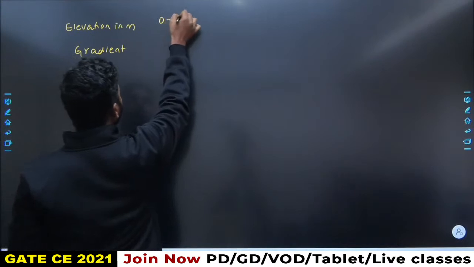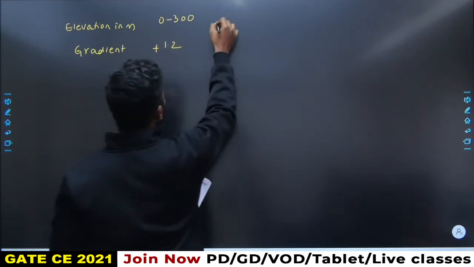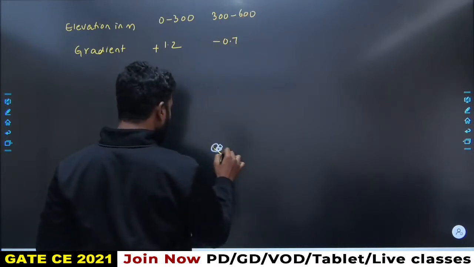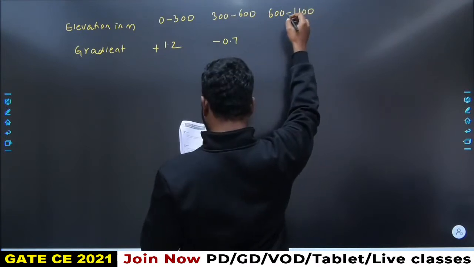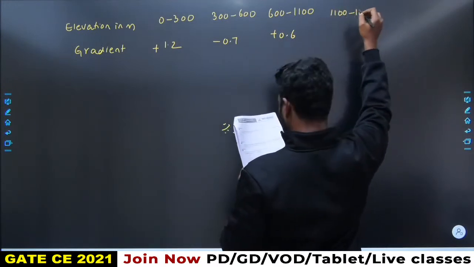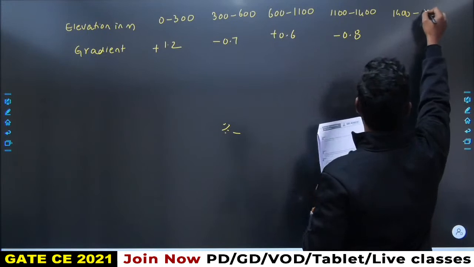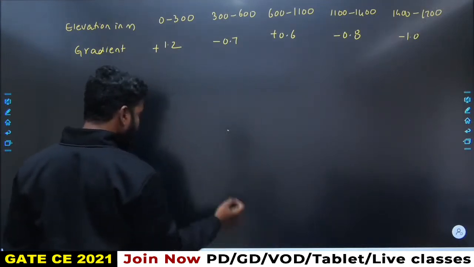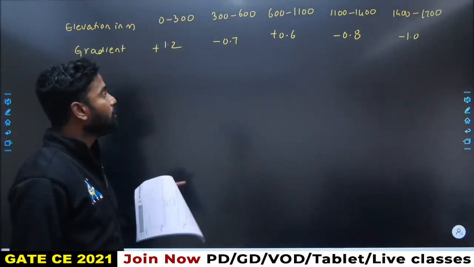So this is 0 to 300, plus 1.2; 300 to 600, minus 0.7; 600 to 1100, plus 0.6; 1100 to 1400, minus 0.8; 1400 to 1700, minus 1.0. These are gradients, right? If these are the gradients, what he is asking is the effective gradient of the runway.